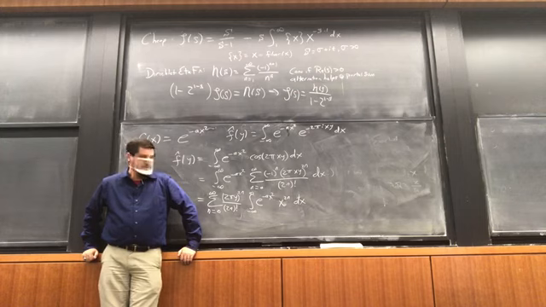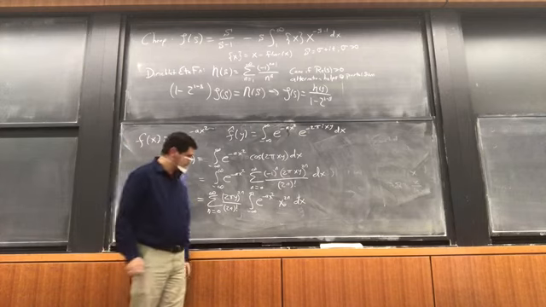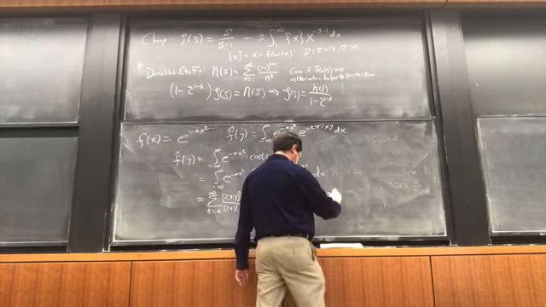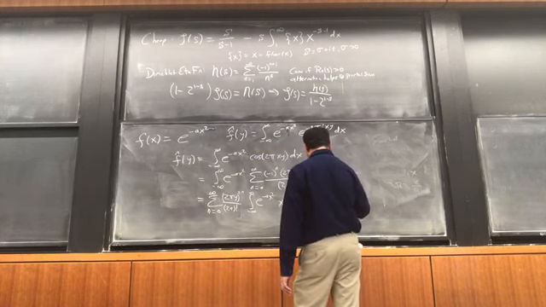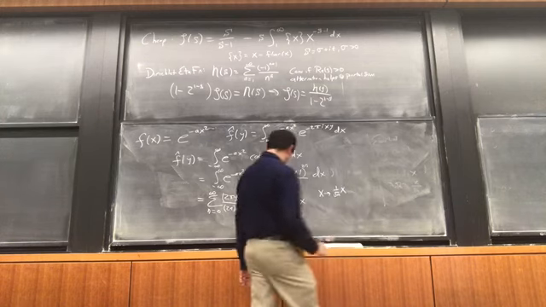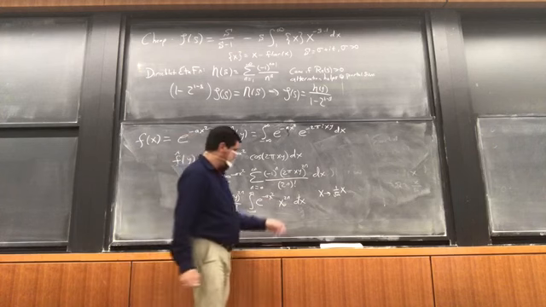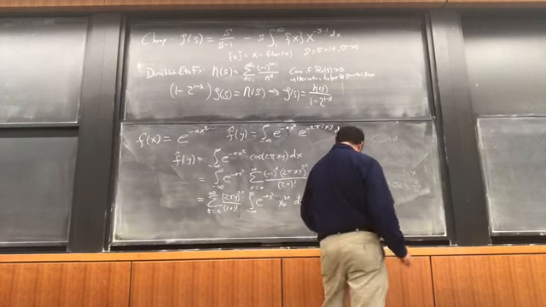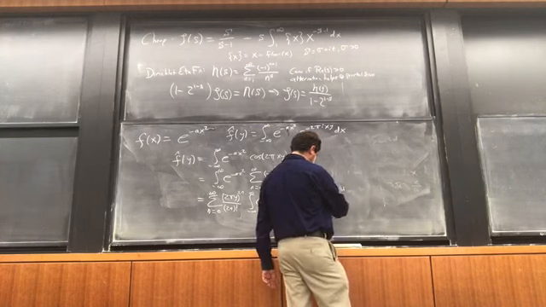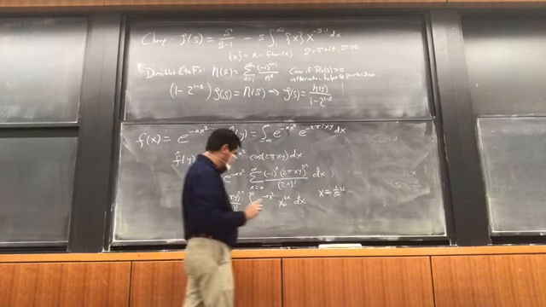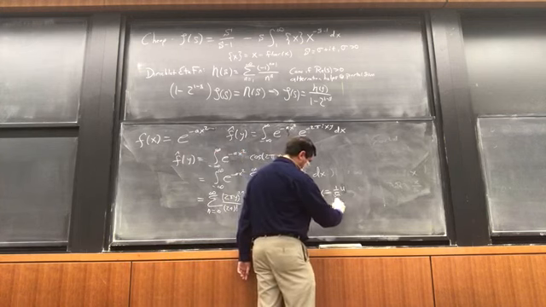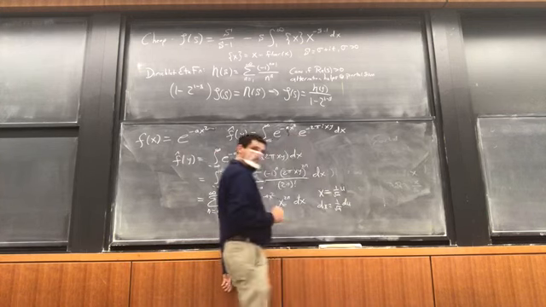How do we handle this? Induction. So one way is induction. First, I'm going to send x to, say, 1 over the square root of a times u. And when I do that, I'll get just e to the negative u squared. I'll use a new letter just to avoid confusion. x is 1 over square root of a times u, so dx is 1 over square root of a du.